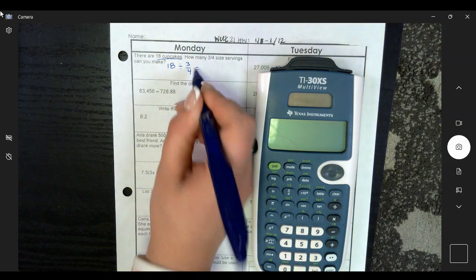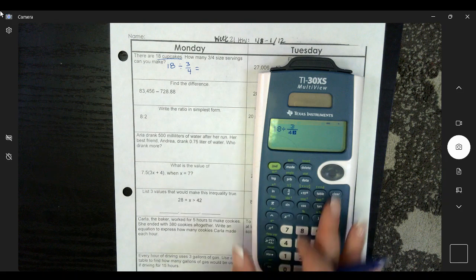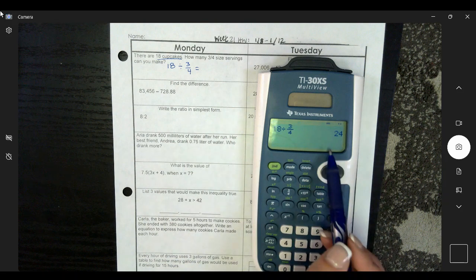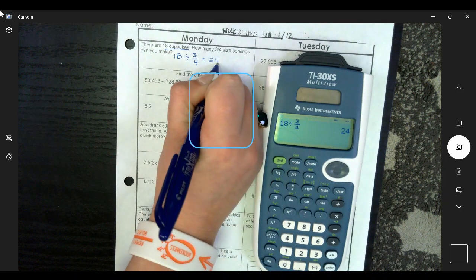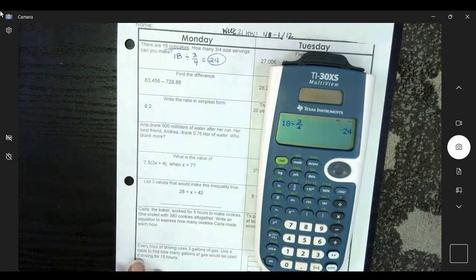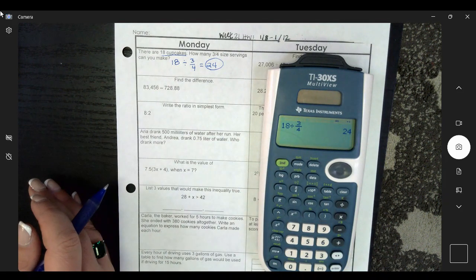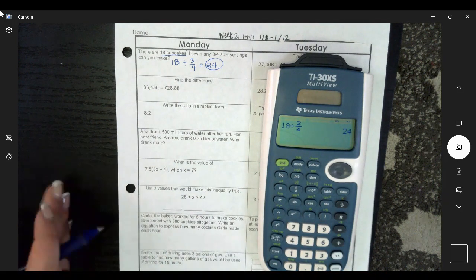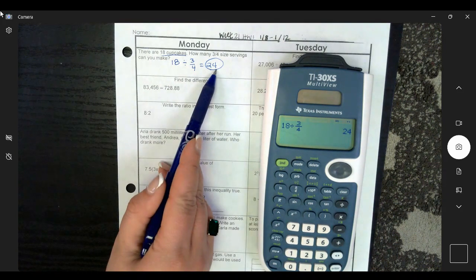So you would just punch in your calculator 18 divided by 3/4, and you get 24. So that means I would get 24 different servings. If I took my 18 cupcakes and split them into 3/4 sections, and gave each person 3/4, then I would be able to feed 24 people. Is basically what that's saying.